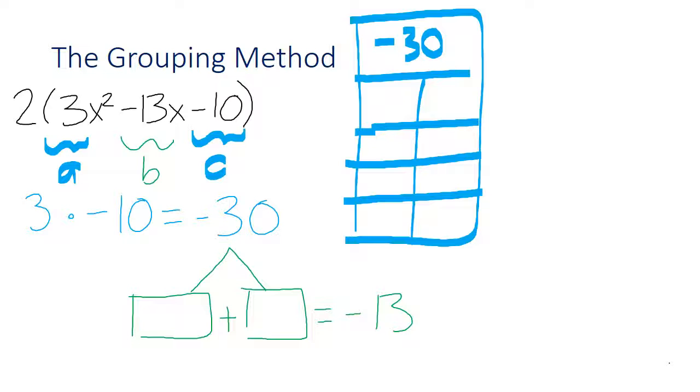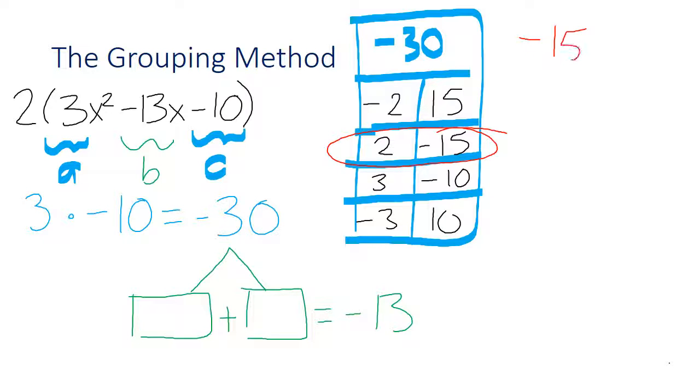The factors for negative 30 are negative 2 times positive 15, or 2 times negative 15, 3 times negative 10, or negative 3 times 10. Consider the fact that we want to obtain negative 13. I will pick these two factors because negative 15 plus 2 is equal to negative 13, and negative 15 times 2 is equal to negative 30.